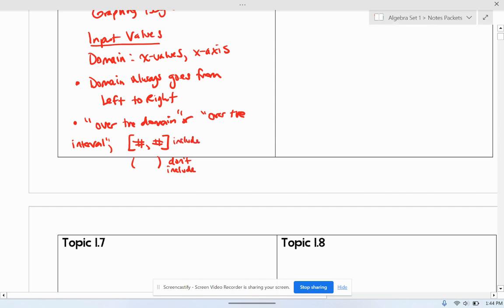If you're a little fuzzy on this, you can always also just use the word to, or you can use inequalities where X values are sandwiched in between the start of the domain and the end of the domain.